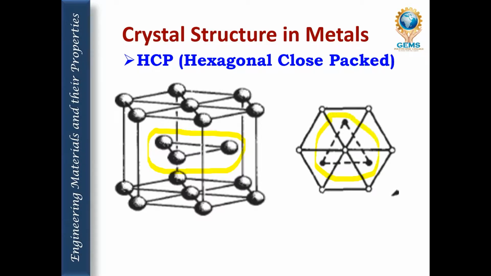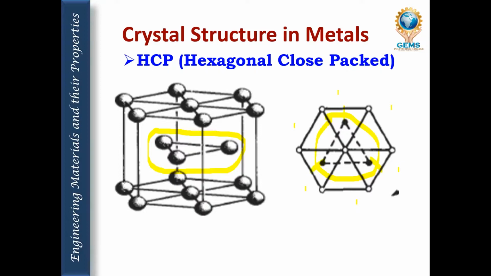A hexagon has how many sides? 1, 2, 3, 4, 5, 6 sides, right? So with 6 sides, there will be 6 corner atoms, and one center atom on the face of the unit cell. And only 3 atoms are in the interior, connected to these.